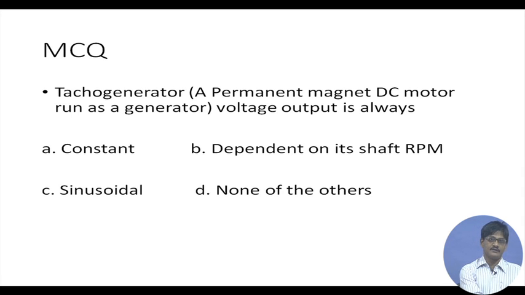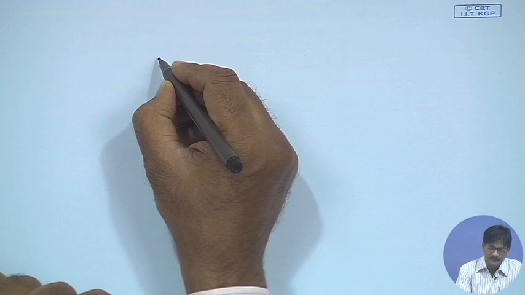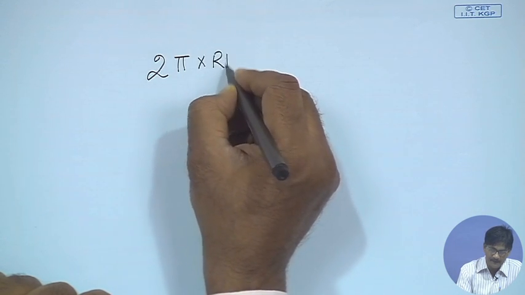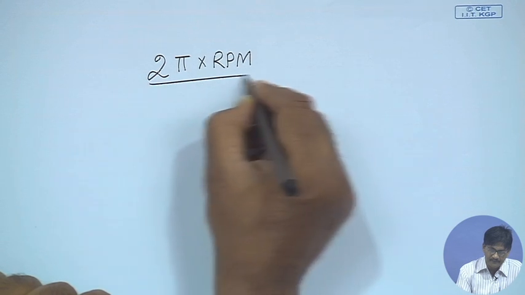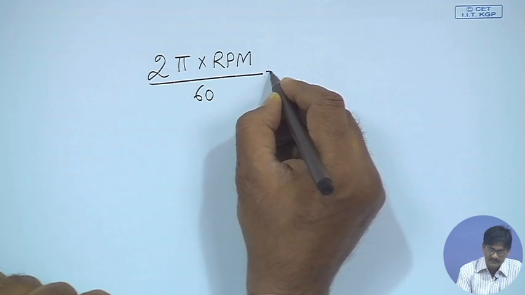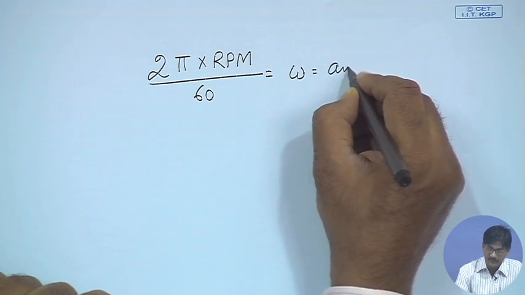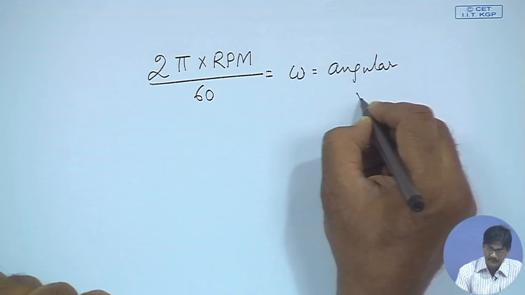Omega is the angular velocity. Let me write down here. So, 2 pi RPM by 60 is equal to omega, equal to angular velocity.